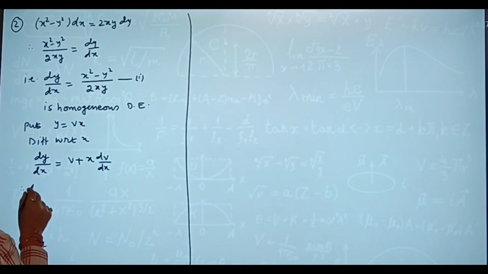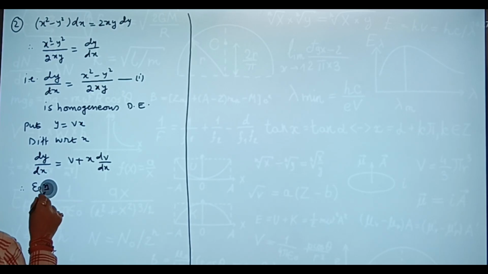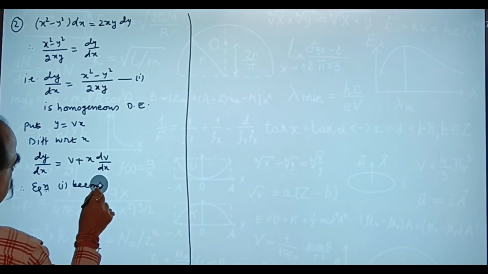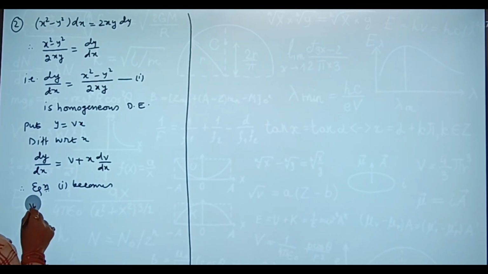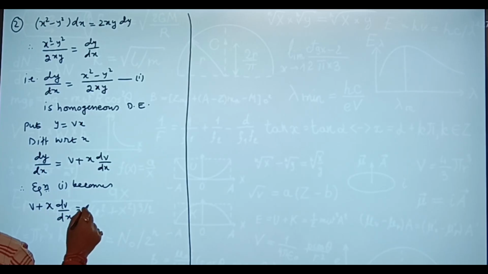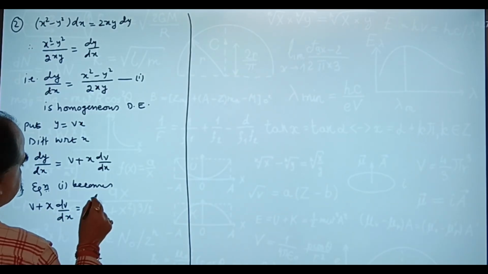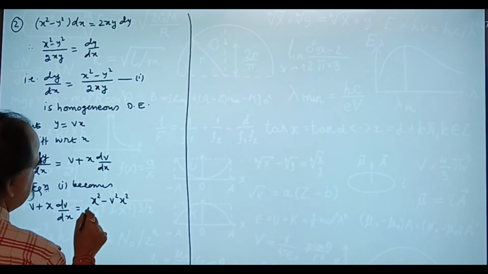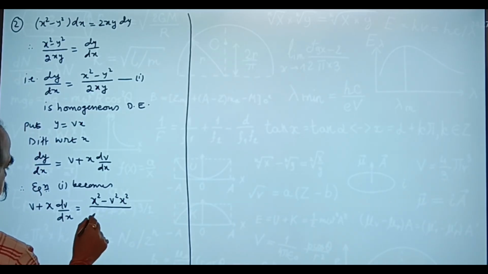Therefore, equation 1 becomes v plus x dv by dx is equal to x square minus v square x square upon 2x square v.